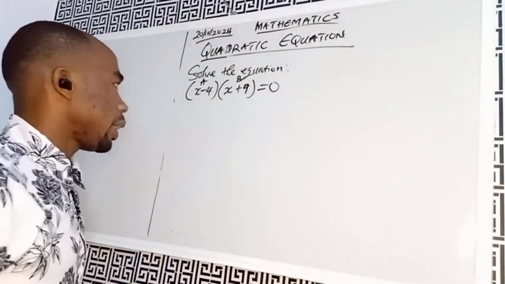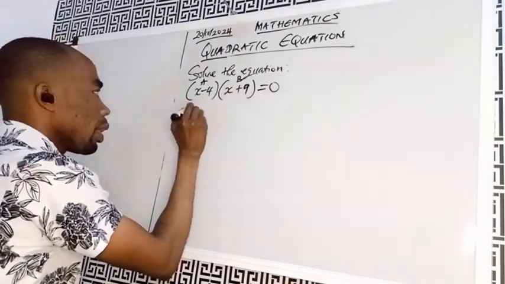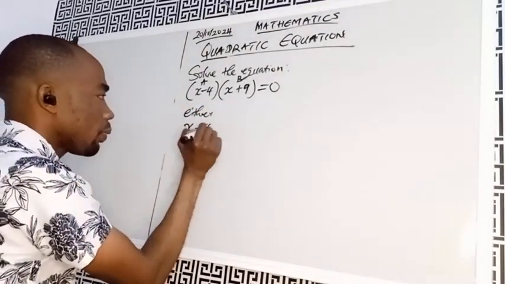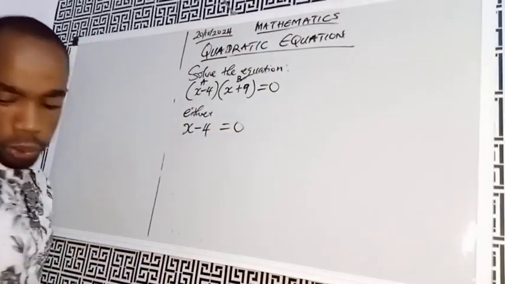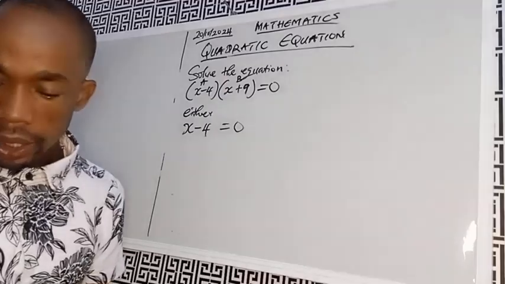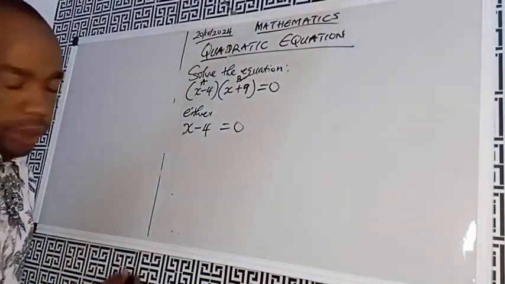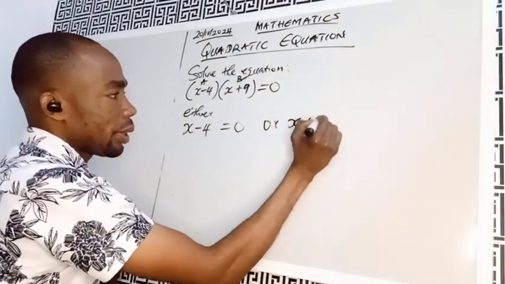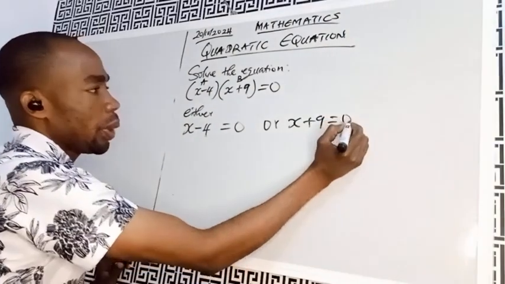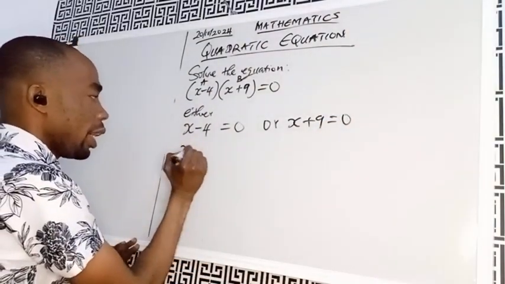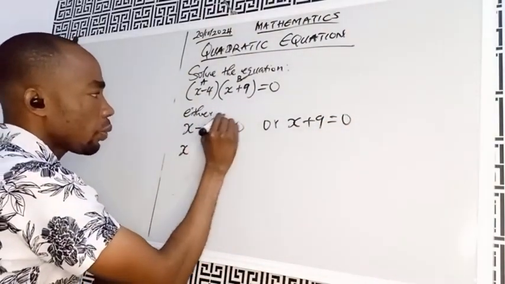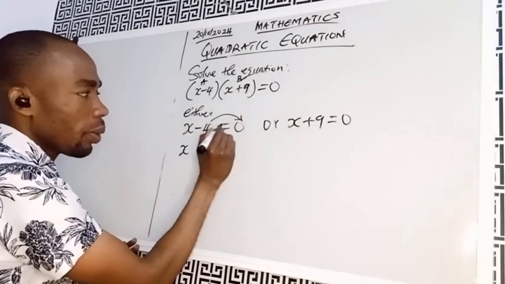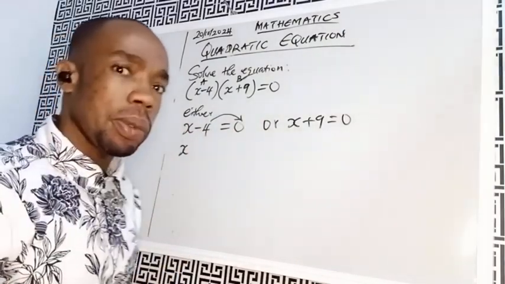So what we state here is either x minus 4 is equal to 0, or x plus 9 is equal to 0. So let's solve this. When we cross this 4 over, remember when a sign crosses the equal sign, that sign must change.